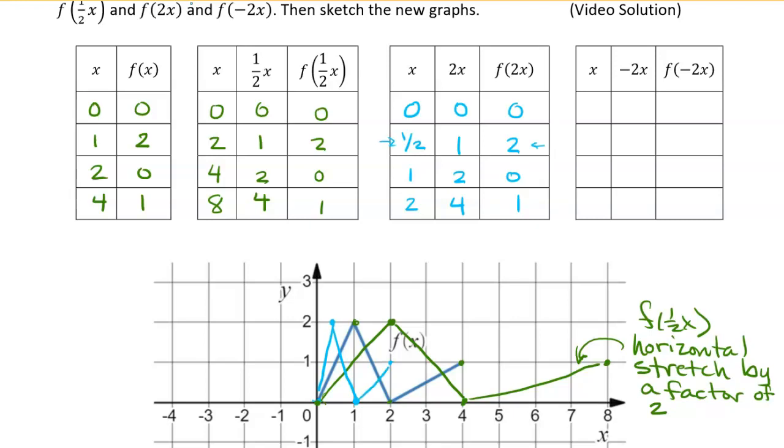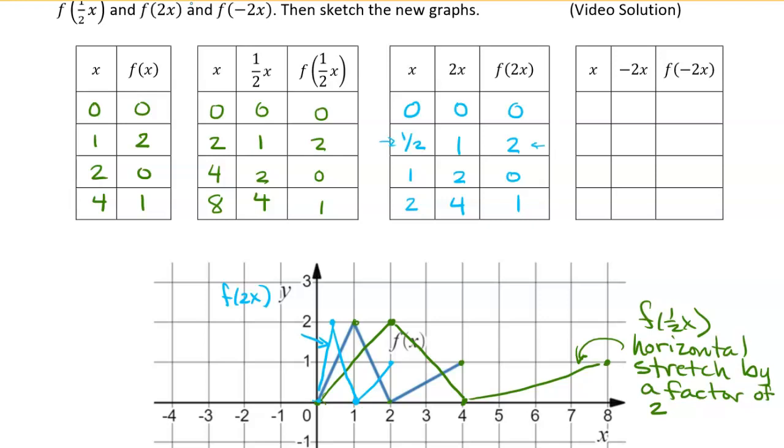And you can see now this is the graph of f of 2x. So what happened there? Now we've compressed it. We've shrunk it in the x direction.